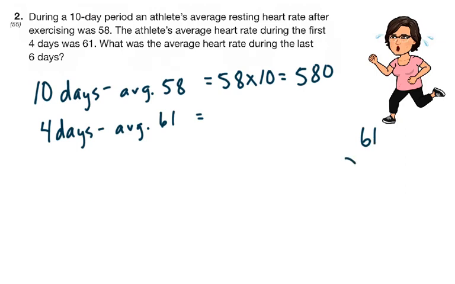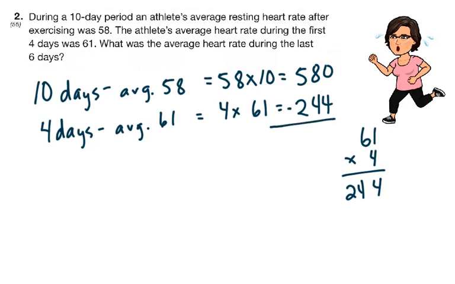So we're going to do 61 times 4, which is 244. Let me just write that so it looks the same. 4 days times 61 equals 244. And we're going to subtract those numbers to find out the total for the 6 days.